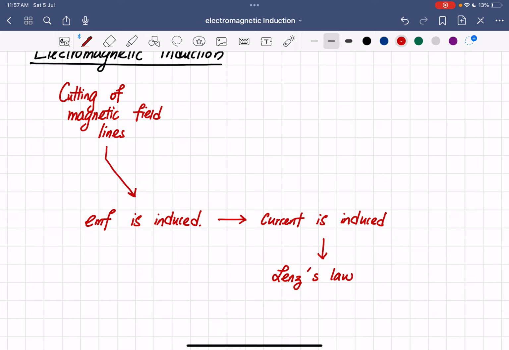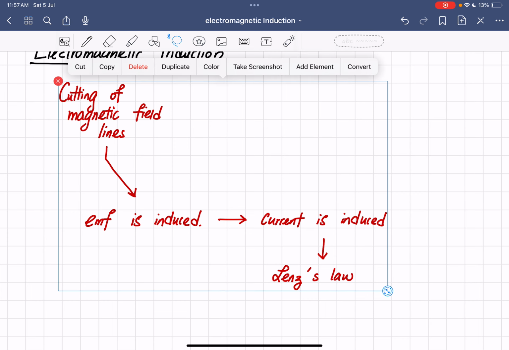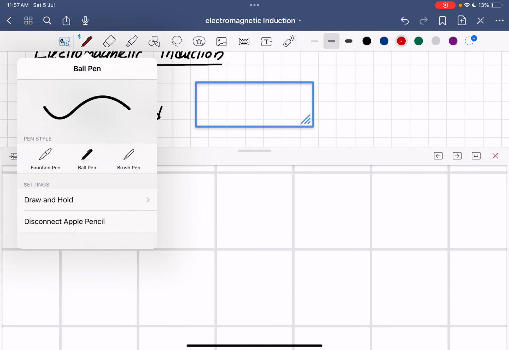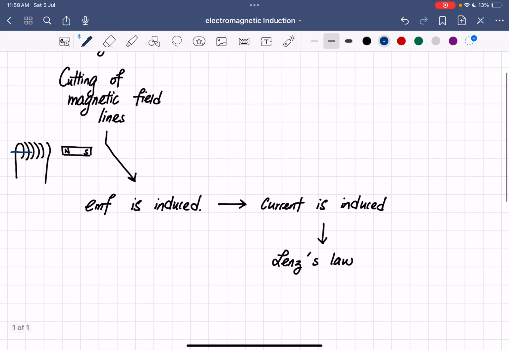One very good example would be you have a solenoid and a bar magnet. From the previous chapter, we know that there is a magnetic field carried by this bar magnet.